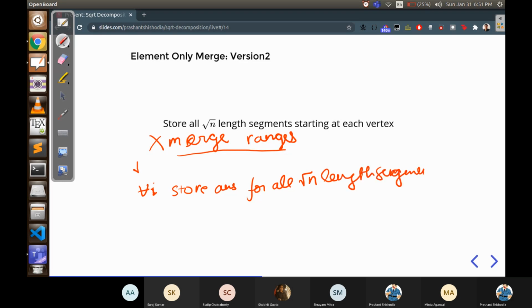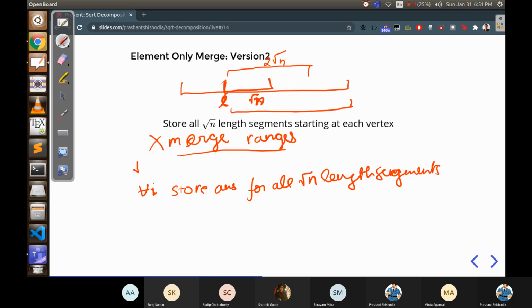So if you are given an array and any index L, you will start at L and store the answer for a root n block segment, then for a 2 root n block segment, and then for a 3 root n block segment.